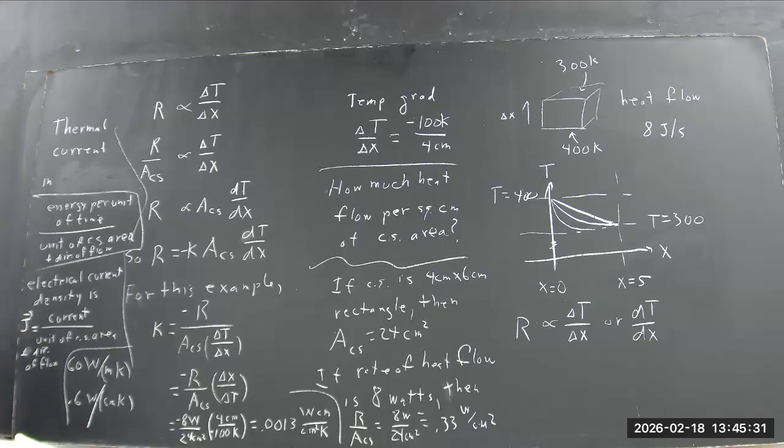Now up here, it's energy per unit of time. Why don't we say current per unit of time? Well, because really it's charge per unit of time. That's what current is. That makes sense? I'm running out of room.